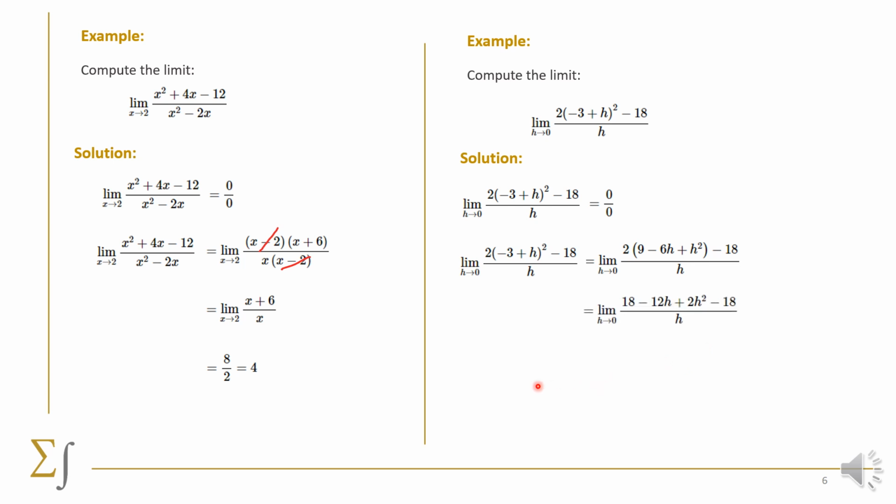We will see in front of us that there are two terms that add up to 0 or cancel one another. We have 18 and minus 18, so we take these as 0 together. Here we are left with the limit as h goes to 0 of minus 12h plus 2h squared all over h. We can take h as a common factor in the numerator. So we cancel the 0 factor in the numerator and the denominator. We're left with the limit as h goes to 0 of minus 12 plus 2h. This is equal to minus 12.